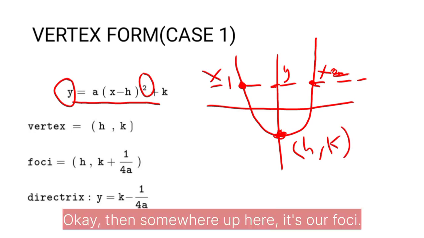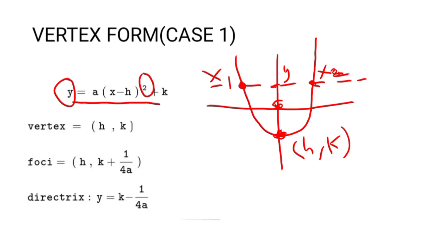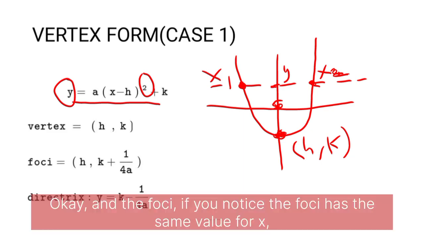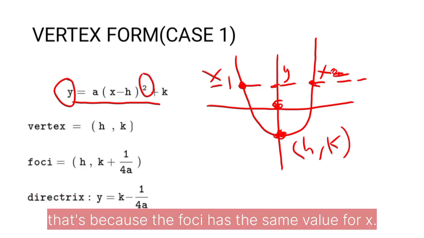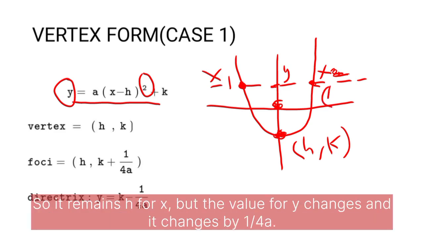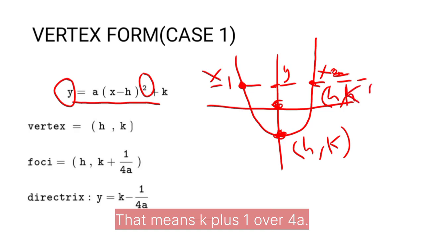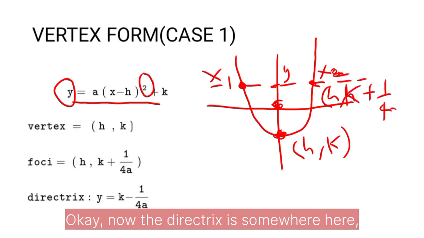Then somewhere up here is our focus, and the focus, if you notice, has the same value for x. So it remains h for x, but the value for y changes, and it changes by k plus 1 over 4a.